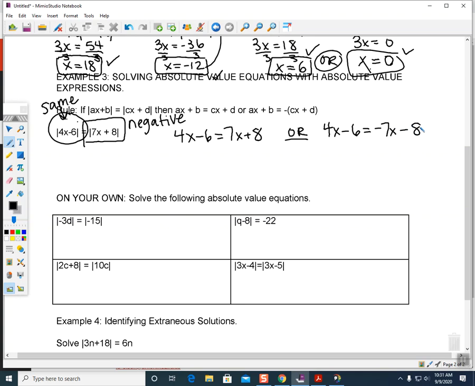Now I can just solve these. I'm going to add 6 to both sides. 4x equals 7x plus 14. I'm going to subtract 7x from both sides. Left with negative 3x equals 14.